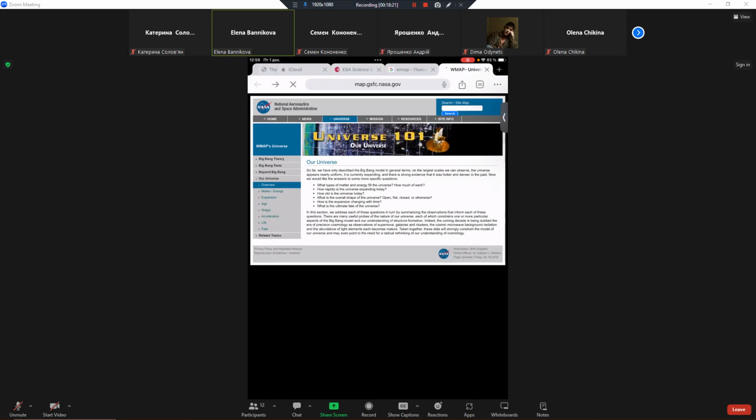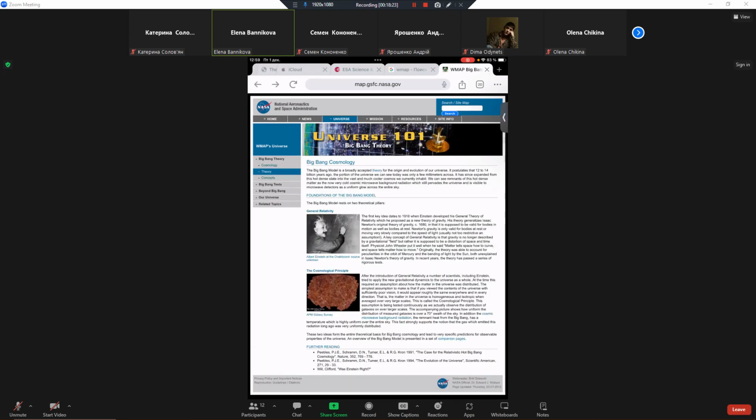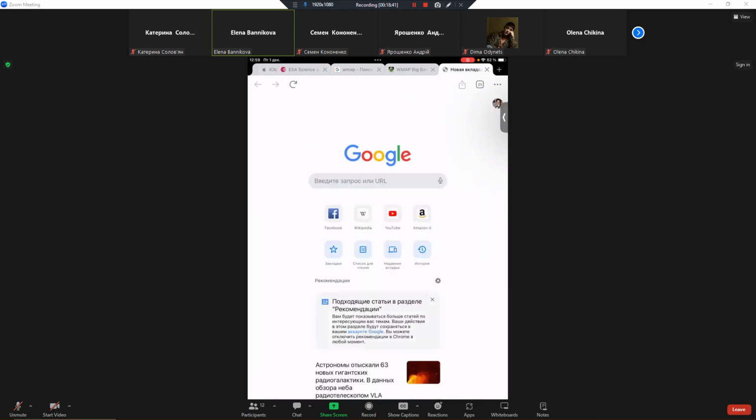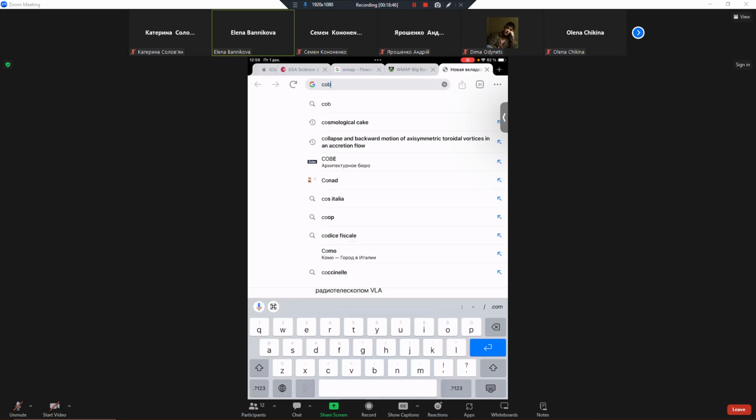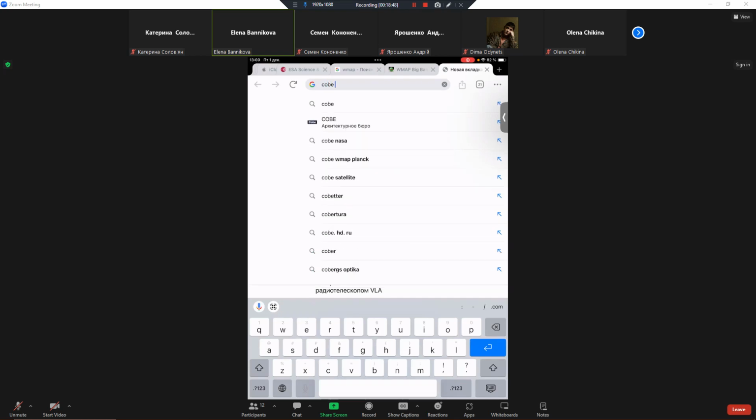Oh, I don't know, maybe they didn't put the cake here. Before the Planck satellite was the WMAP satellite, the WMAP space telescope to investigate the cosmic microwave background. And before WMAP, it was COBE.